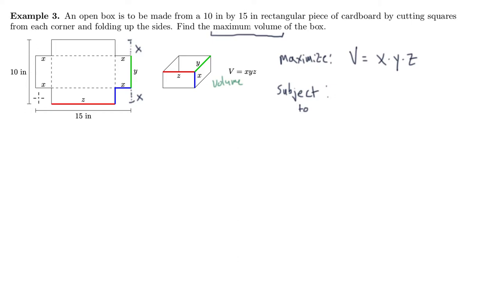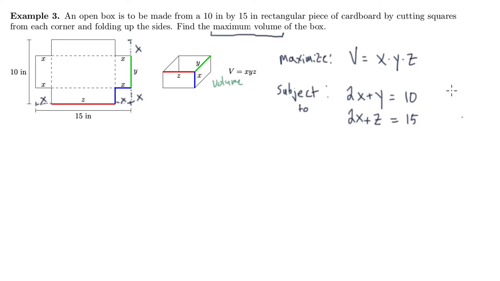Because that's what I'm making the box from. One of the sides is 10 inches. So in other words, 2x plus y is 10. Similarly over here, if I take z and I add this x dimension and I add this x dimension, so z plus 2x should be what? It should be 15, the other dimension of the piece of cardboard.